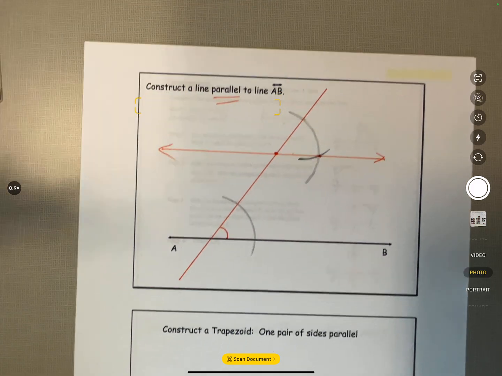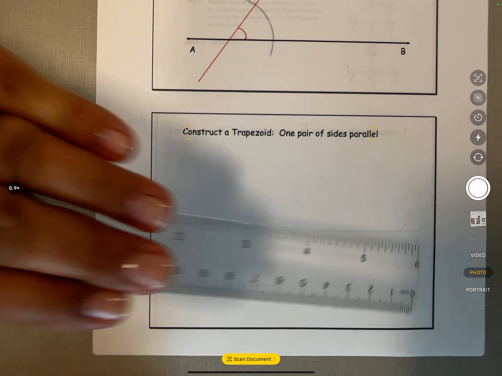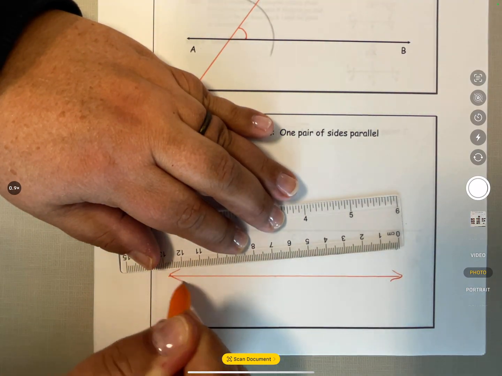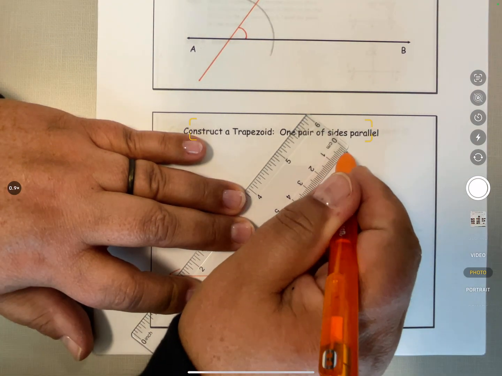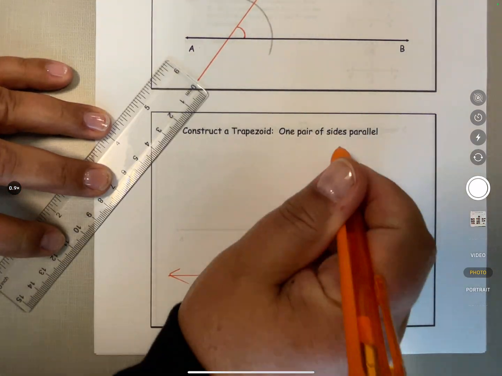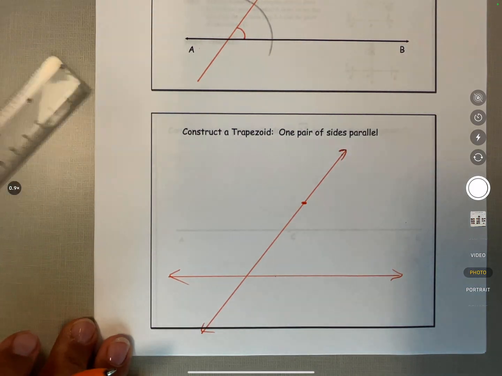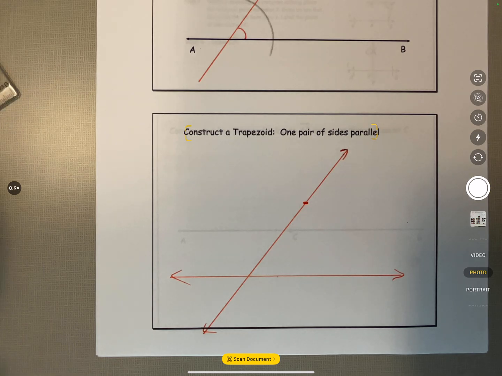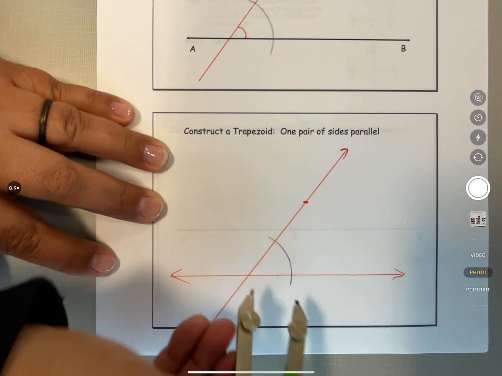If you are asked to construct a trapezoid, then what you would do is start with a line, construct a parallel line because a trapezoid has 1 pair of parallel sides. And so I'm going to put my transversal, I'm going to put a point where I want my parallel line to go. I'm going to construct congruent angles here and up here.